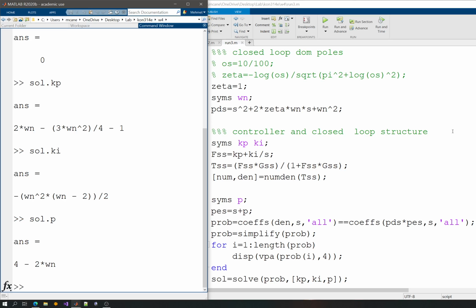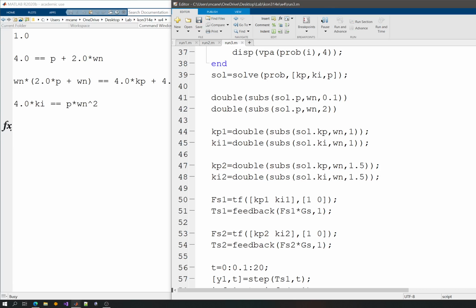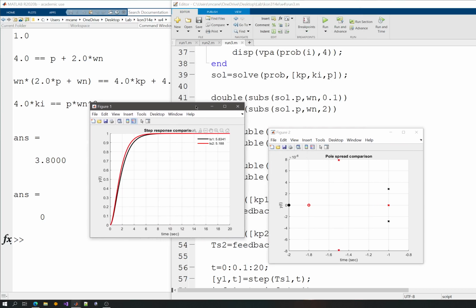Where is my, okay, there it is, and you can see I have tried 2 and 3, which makes the system unstable. Let's try 1 and 1.5 to be sure. Here we go, we have this response now.